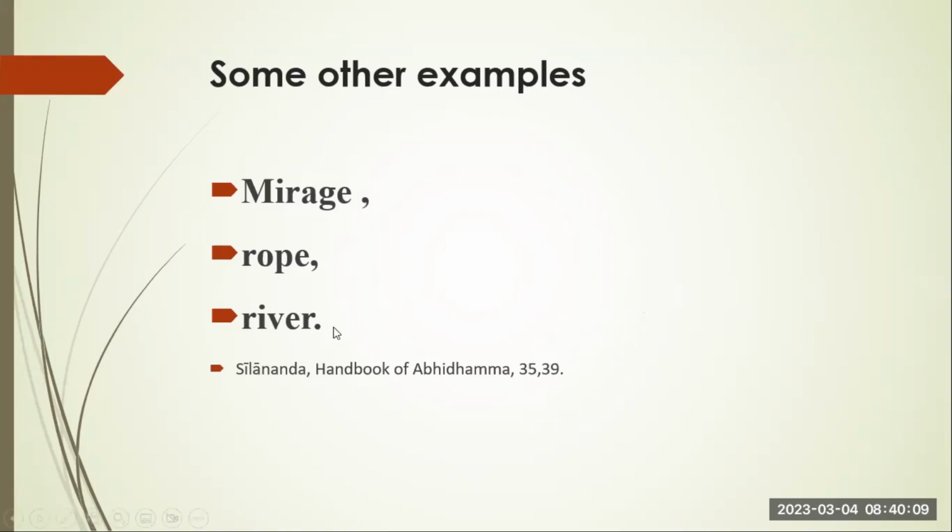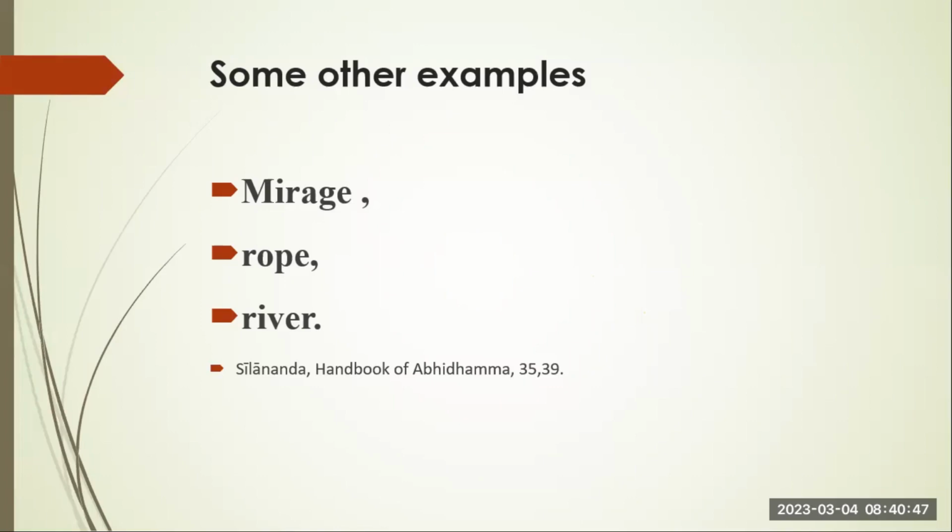Another example is the example of the river. When you say, I have taken a bath in that river several times, you can take a bath only once, because water is flowing from one place to another place. Similarly, our mind and matter arise again and again as generations.